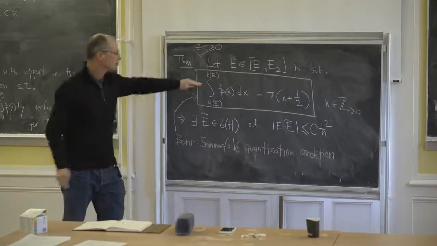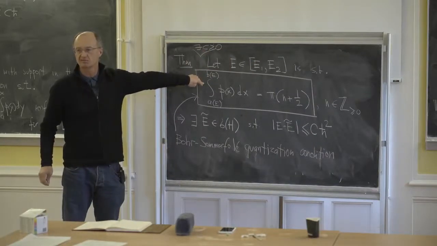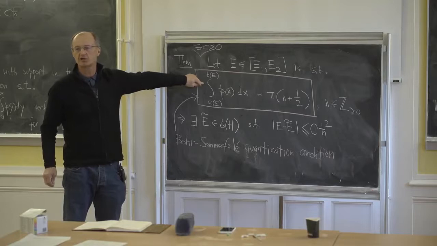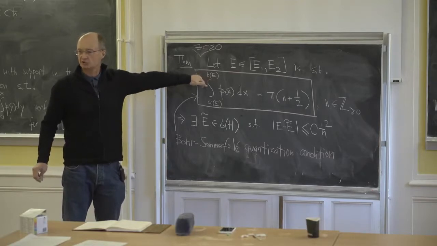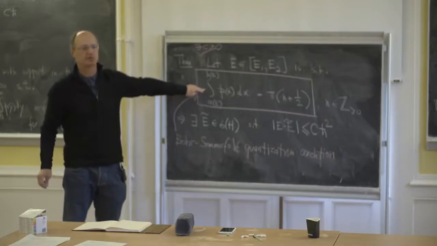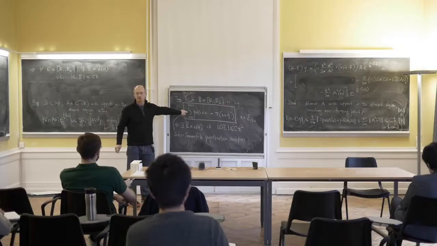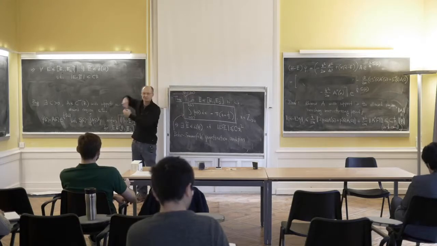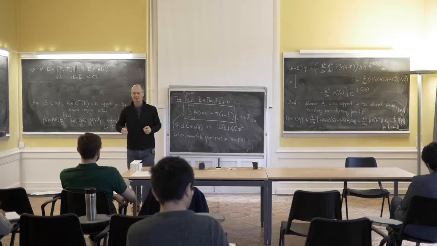Actually, that's where quantum mechanics started. It was not the Schrödinger equation, it was not all this nonsense that I was teaching you up to now. It was this formula, which was basically one of the first formulas of quantum mechanics. And then, starting from that, they basically worked backwards and found all the rest.